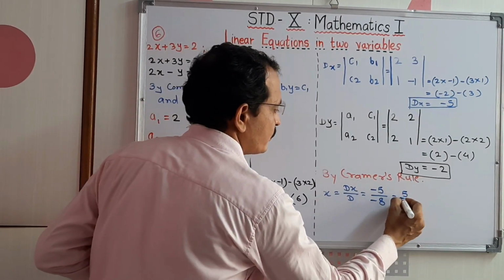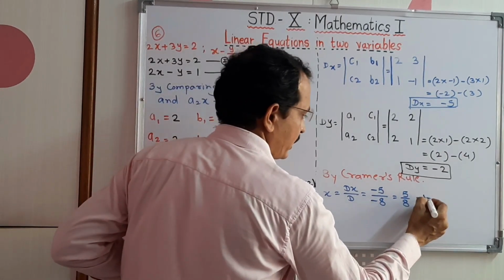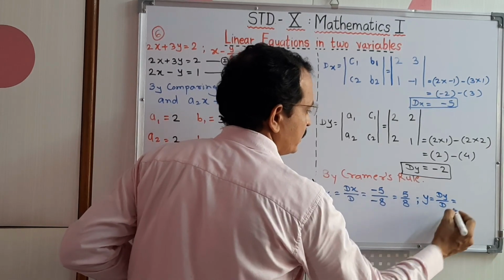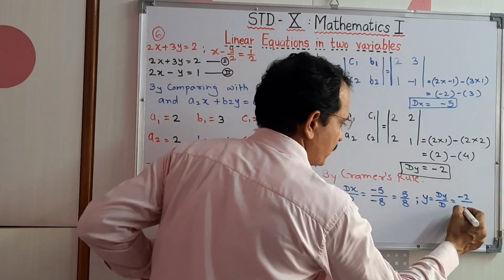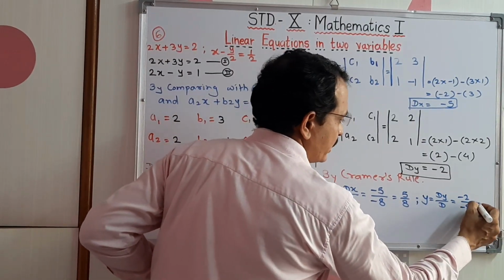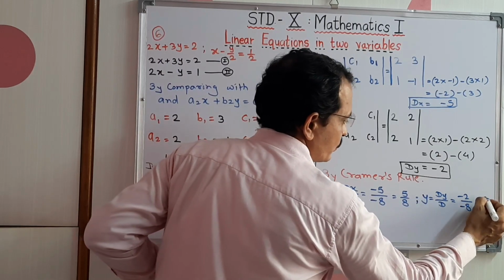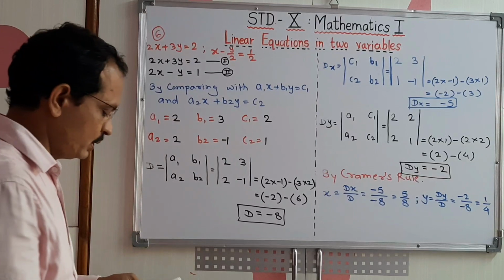It is 5 upon 8. Similarly for y is equal to dy upon d. dy is minus 2 and d is minus 8. We get here, simplify this, 2 1s are 2 and 2 4s are 8. It is 1 upon 4.